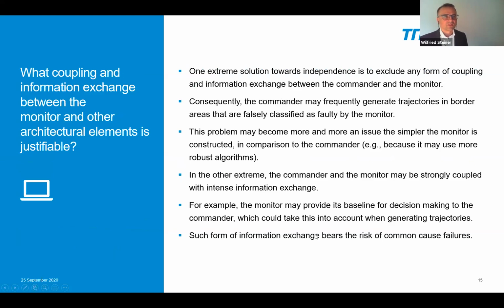The third issue, which you already discussed a little bit in the previous part, is whether you allow information exchange between the FCRs or not. Both in the TMR as well as in the common approach, we have independent fault containment regions. And the question that arises is how much information exchange we allow between those.